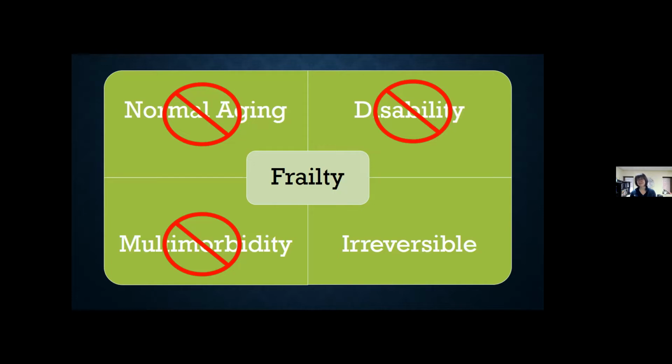It's not uncommon, especially in what I do, with homebound frail older adults, that there aren't a lot of chronic medical conditions in some of our very, very old folks, but even so, they just don't have that physiologic reserve to recover.